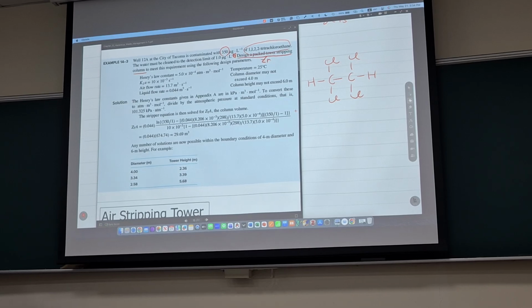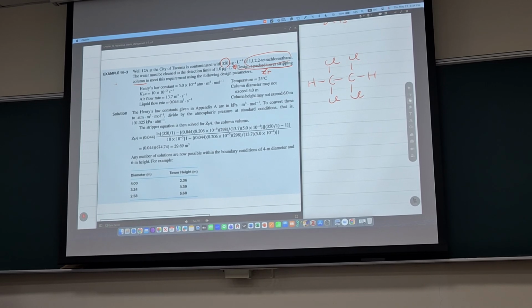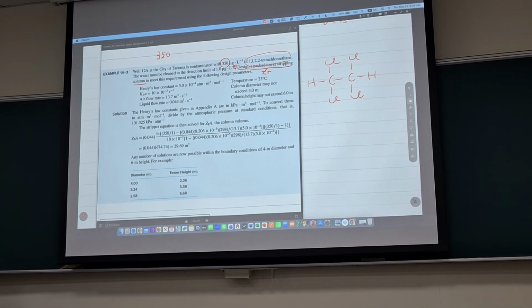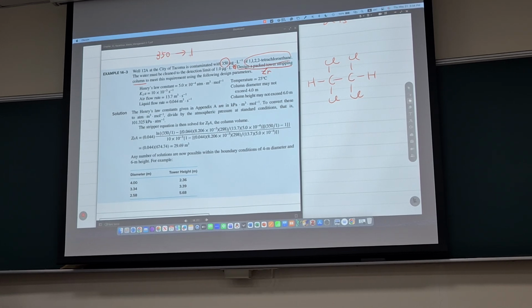The question asks you to design, so that means you want to reduce the concentration from 35 to 1, and design a packed tower stripping column.